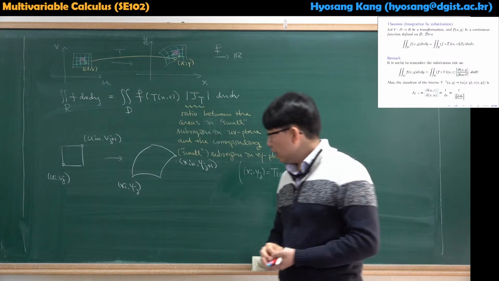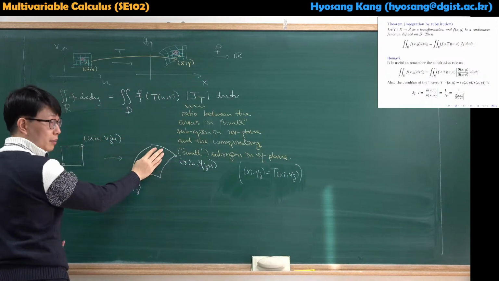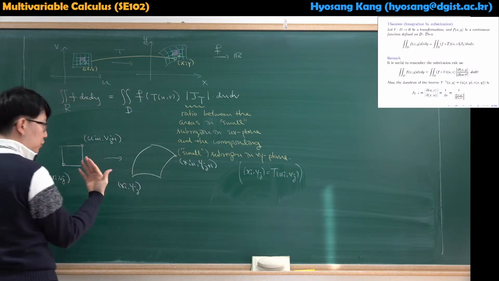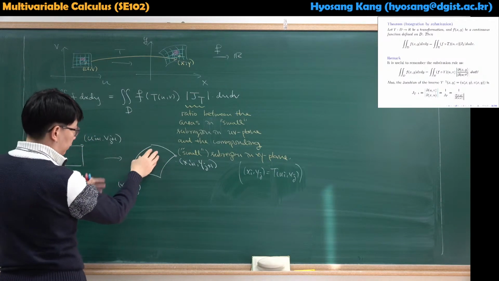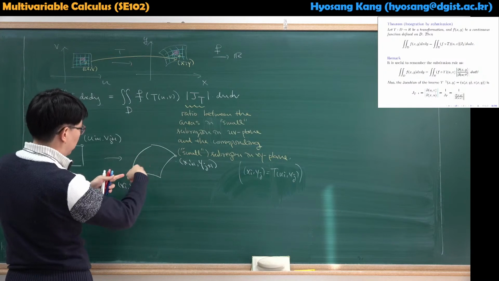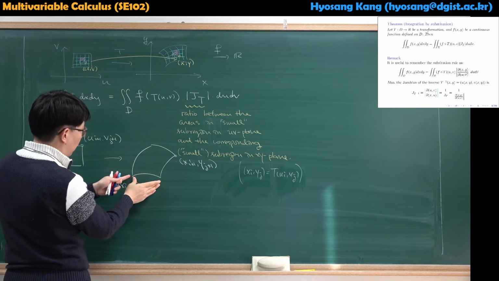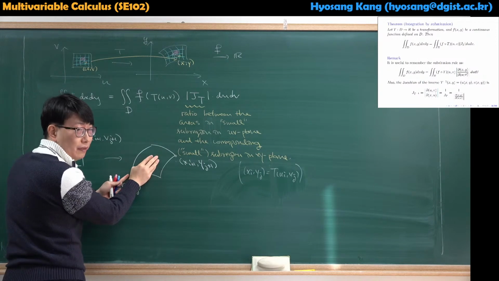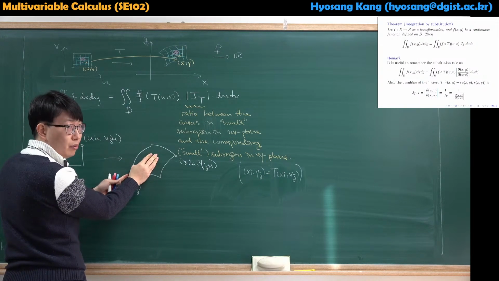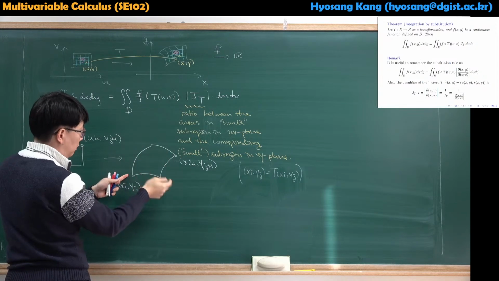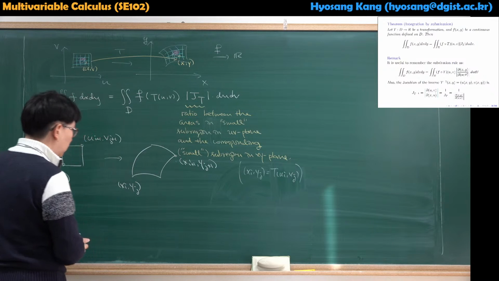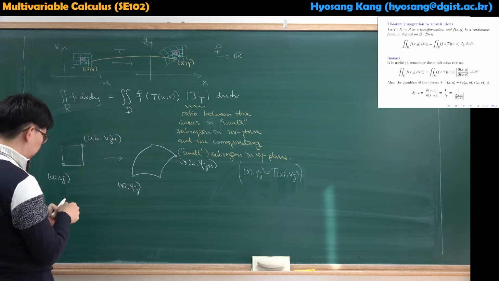Now, I exaggerated a little bit here, because if I make the subdivision smaller and smaller, this region almost looks like a parallelogram. So this is not a surface, okay? This is just a two-dimensional region. I just drew this as bounded by a curved line.